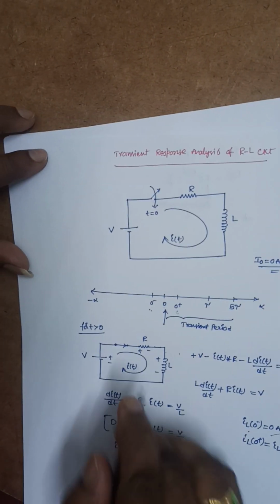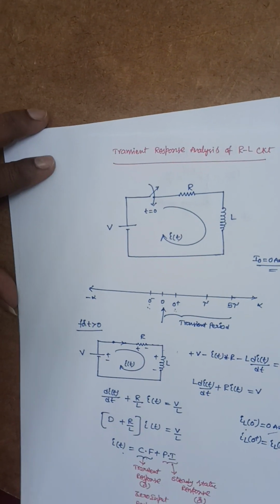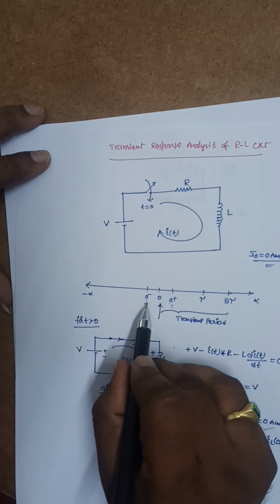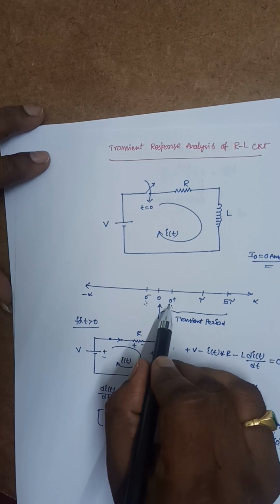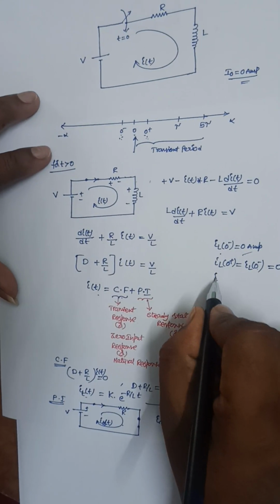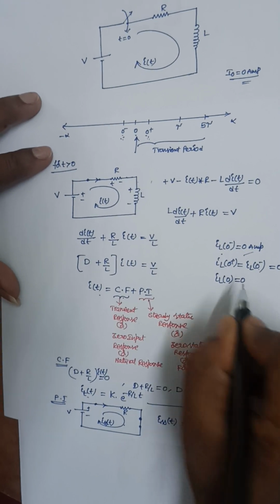So at 0 minus the current is 0, at 0 plus the current is 0. There is no change in this current from 0 minus to 0 plus. So at t is equal to 0 also, the current through the inductor is 0.